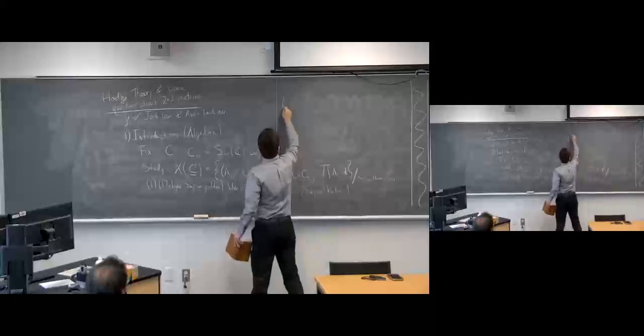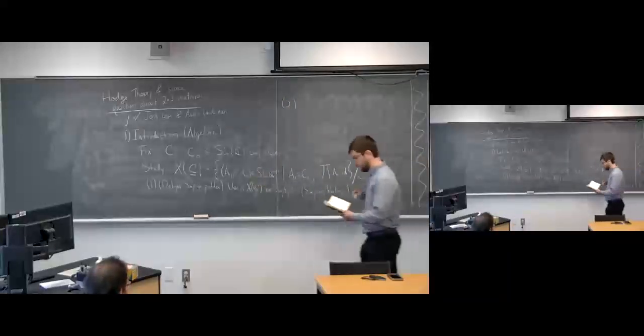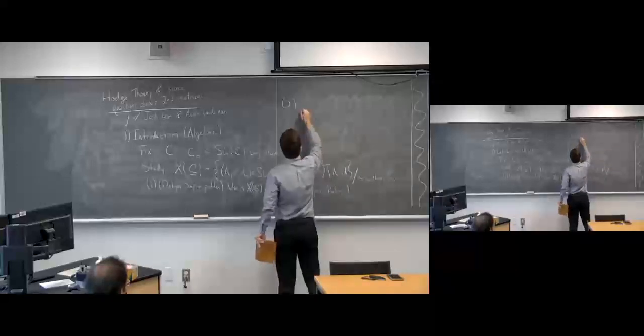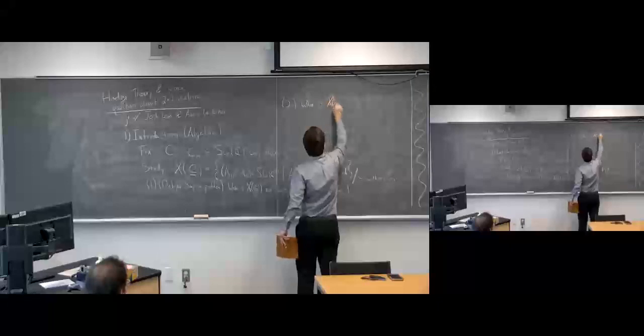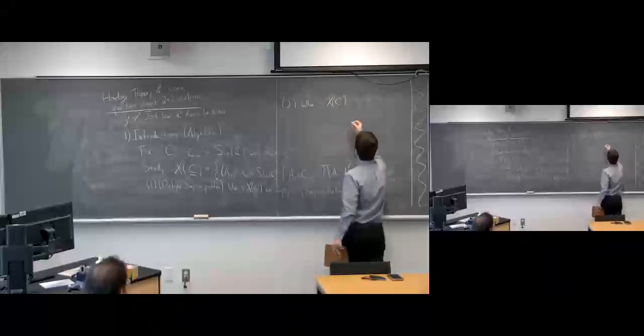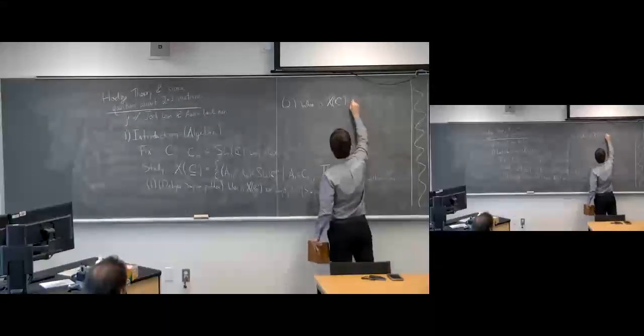So maybe let's suppose we now know when this is not empty. The second thing you can do is, this is an algebraic variety, so you can try to compute its dimension. The next question is, when is the set X(C) zero dimensional? It turns out if it's zero dimensional, it's actually just a single point. So when is it a single point?